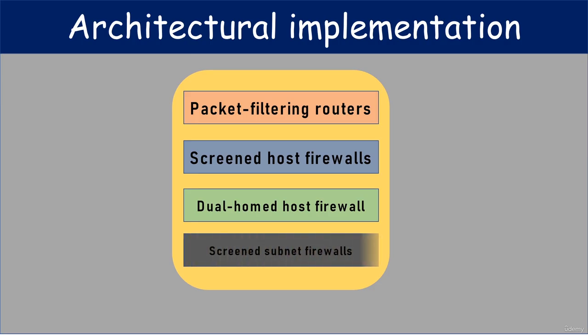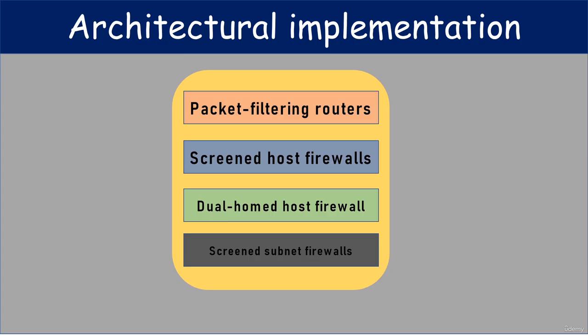Then we have, last but not least, screened subnet firewalls. This architecture adds an extra layer of security to the screened host architecture by adding a perimeter network that further isolates the internal network from the internet. In this architecture, there are two screening routers, both connected to the perimeter net.